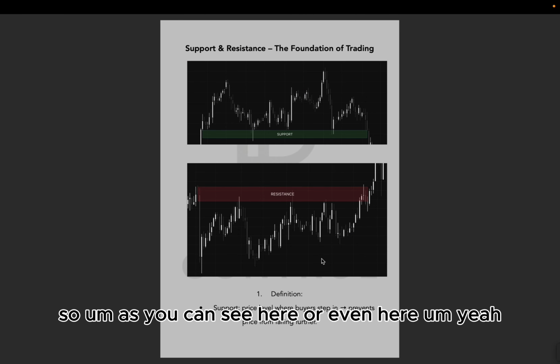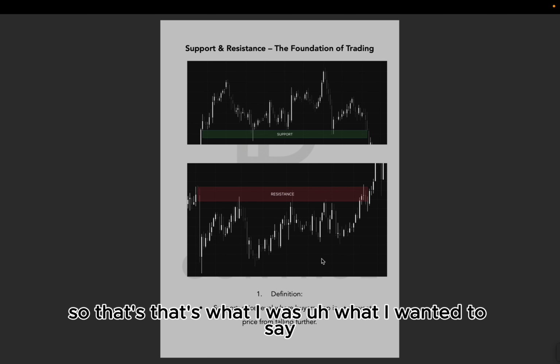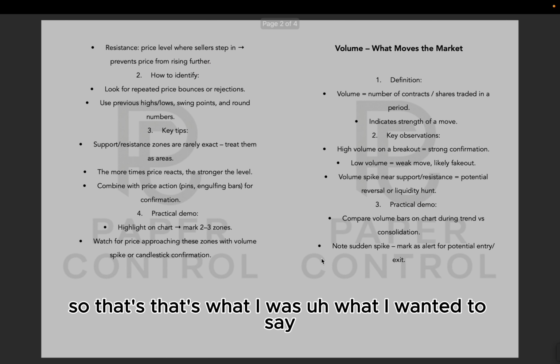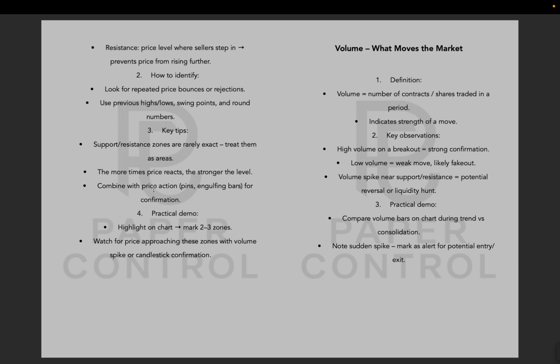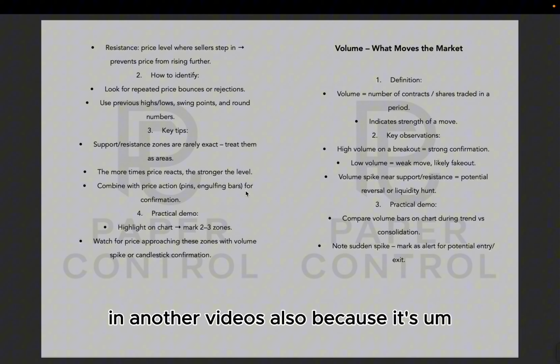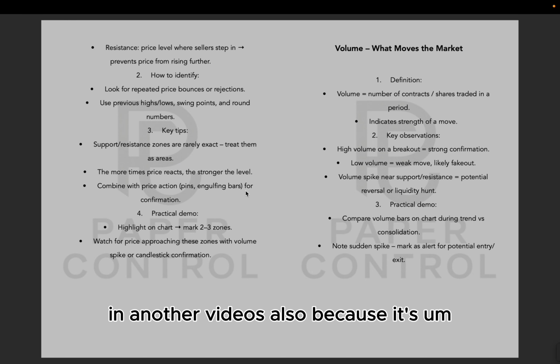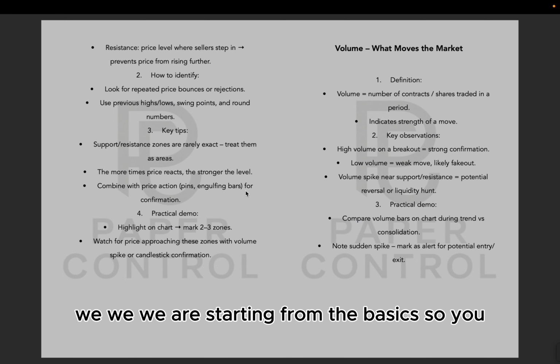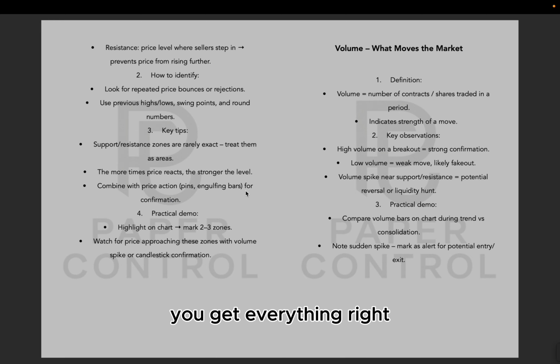That's what I wanted to say. It combines with price action like pins or engulfing bars. We're going to talk about it in other videos also, because it's another subject. We are starting from the basics, so you get everything right.